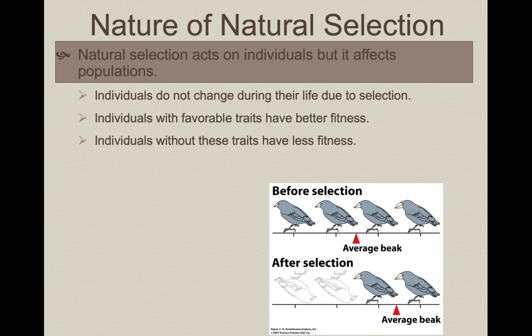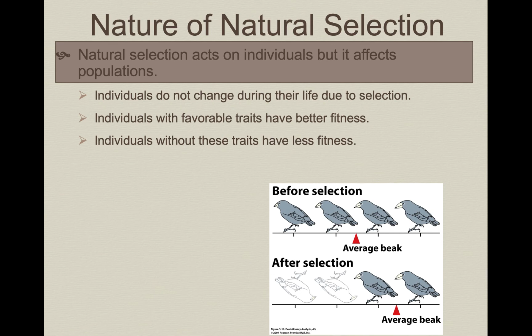Individuals have adaptive traits or traits that are not adaptive. But really what it's affecting is the population in the next generation. So a lot of people think that natural selection affects individuals during their lifetime, and it doesn't. Individuals do not change during their lifetime due to natural selection.